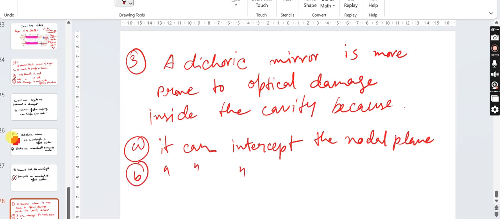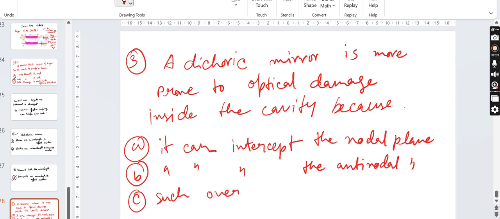B, it can intercept the antinodal plane. C, such overlaps are inconsequential. D, none of them.